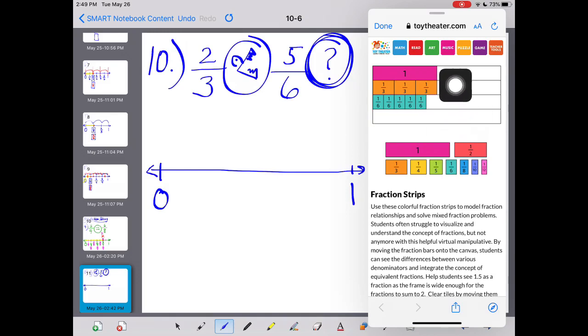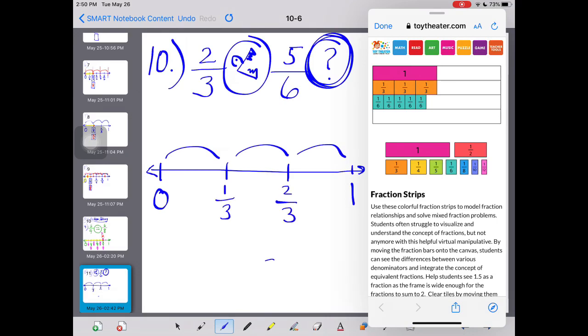Now think of this as 0 and this is 1. And so you've got these 2 lines you need to put down in here somehow. So I'm going to put 1 line there and 1 line there. That's pretty close, right? Pretty close? I don't know. This is 1 piece, 2 pieces, 3 pieces. That's pretty close. And so we'll label it 1/3, 2/3.